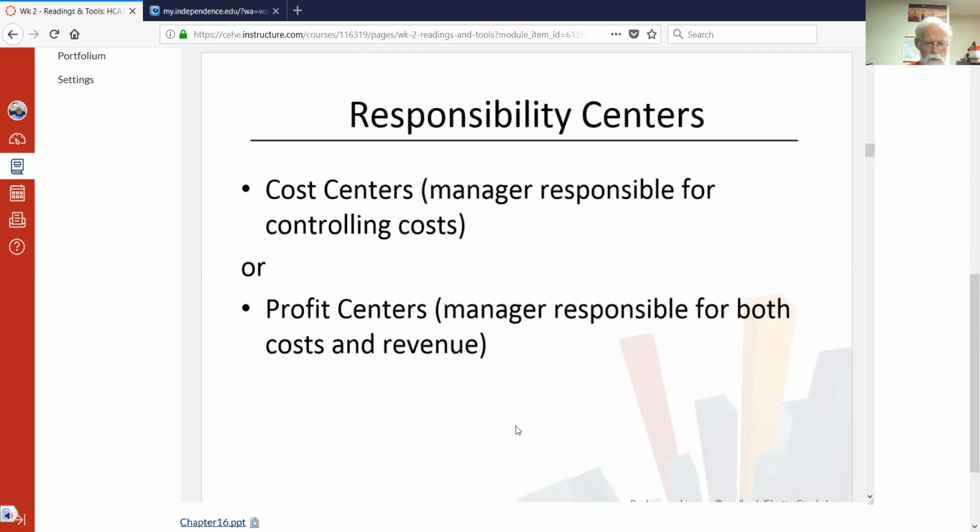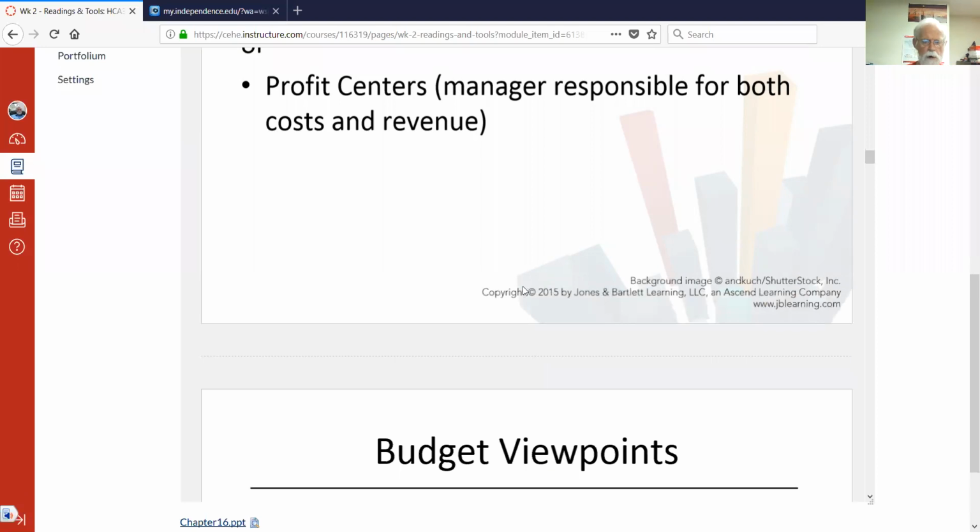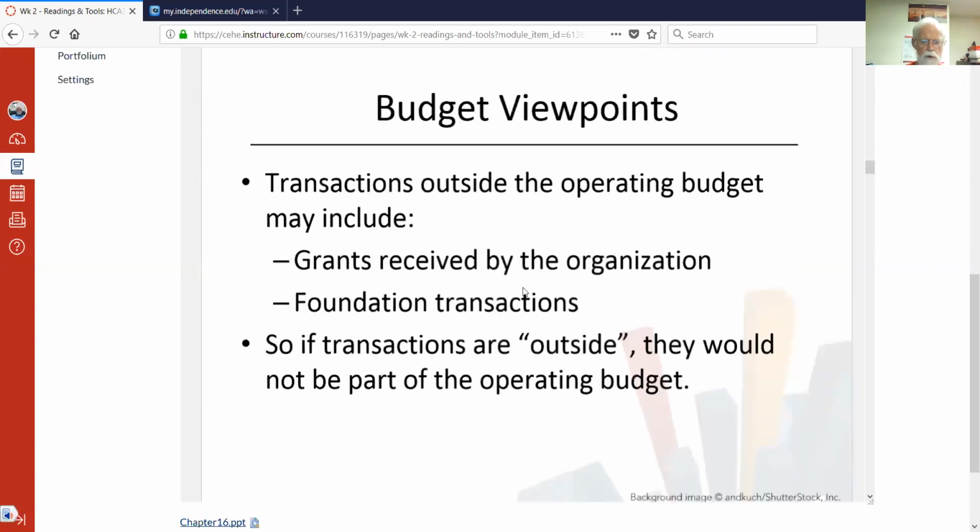It can be a number of different groups that might have a responsible manager. But overall, anything that's a profit center, which is basically something that's expected to return more to the organization than it spends, then the manager is responsible for the revenues and the associated costs.